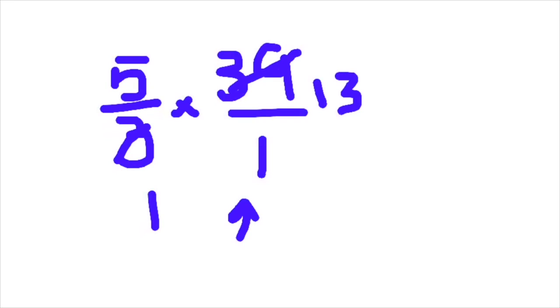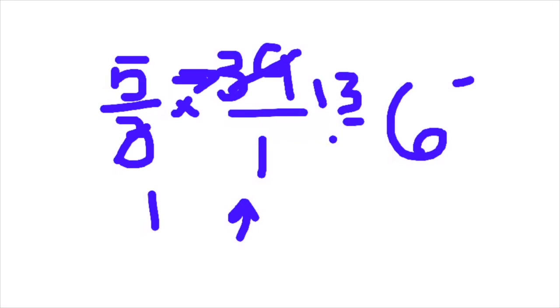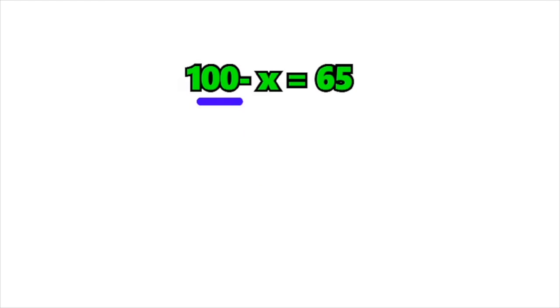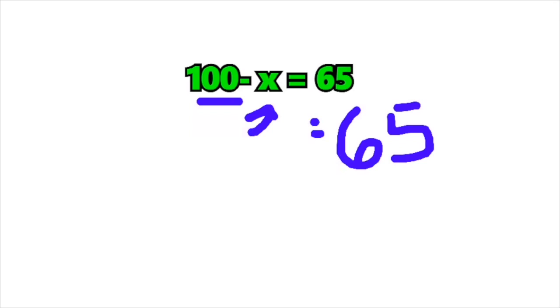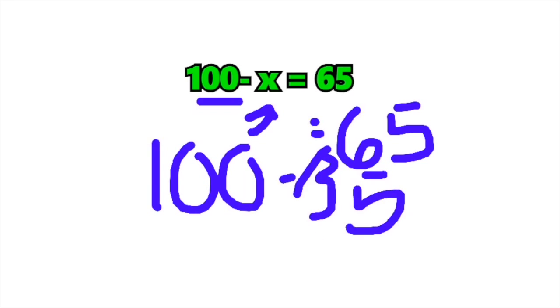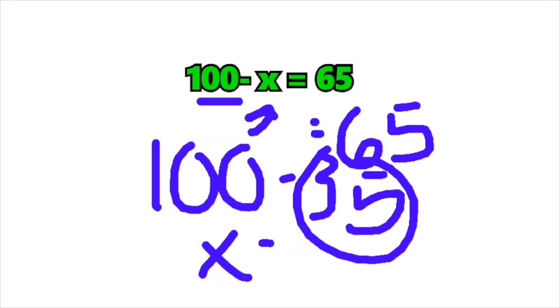Awesome, 13. Now I can just multiply across normally. 5 times 13 equals 65. 100 minus what number is going to equal 65? Awesome, 100 minus 35. So x is going to equal 35.